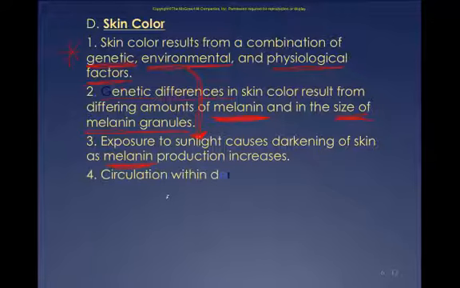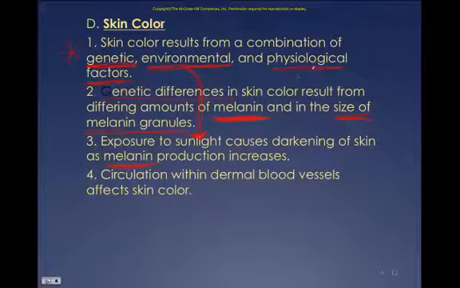Okay. And the last factor is, again, a physiological factor here. And so this is just something that makes up part of your physiology, and that is what type of circulation you actually have within your dermal blood vessels. Now, keep in mind this says dermal blood vessels, okay?